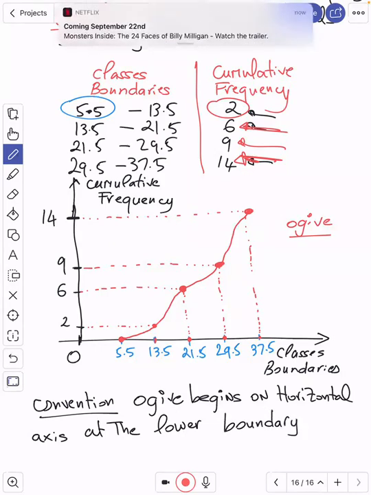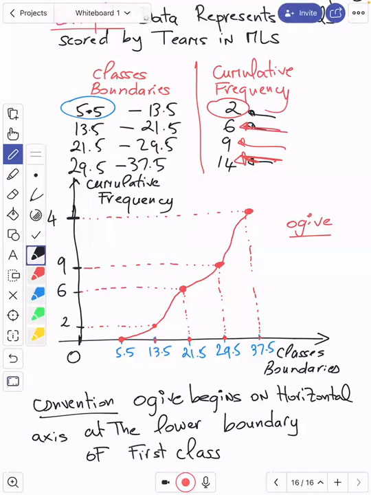The lower boundary of the first class is 5.5, right? So that will be this point here. You always start at the lower boundary of the first class. That will be your starting point.